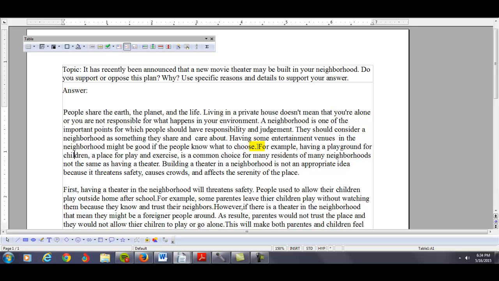So for example, having a playground for children, a place for play and exercise, is a common choice for many residents of many neighborhoods, but it is not the same as having a theater. I think we got it. We did it. This was a struggle, I apologize.